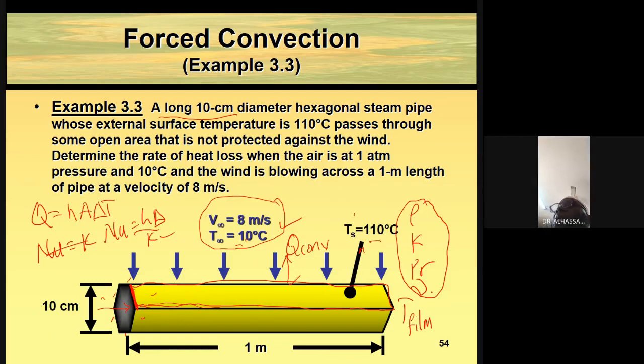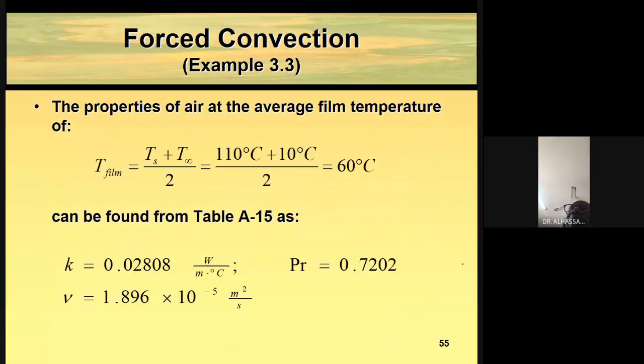At that particular temperature, you are going to read from the table the density of the fluid, thermal conductivity, Pr, and kinematic viscosity. So you have to be very careful in estimating this film temperature. Even marks are awarded for this. So now we have 60 degrees Celsius.